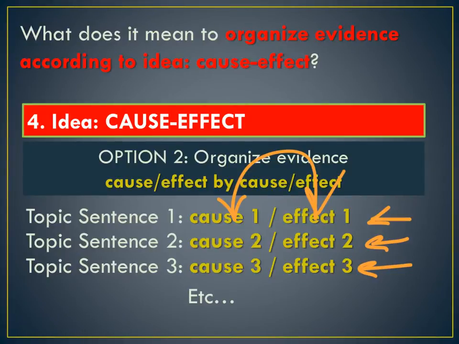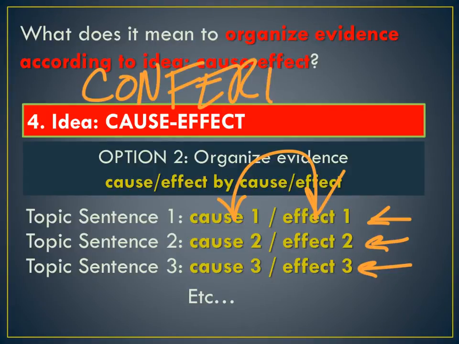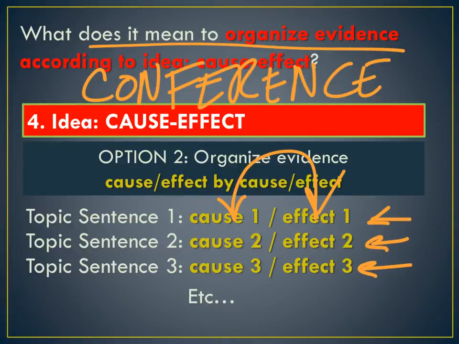As we have discussed, faulty causality is a logical fallacy, can be a hole in argumentation, and it's very important that you're aware of that, because that could happen with your essay if you're not careful, which is why if you do choose to write a cause-effect argument, I am going to actually require that you conference with me about your essay. I'm going to conference with most of you anyway, but you definitely have to conference with me if you choose to organize in this way.